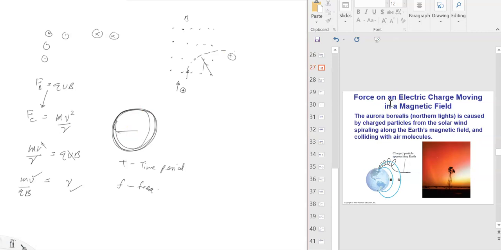Northern lights or southern lights, Aurora Borealis or Aurora Australis, the other one, is caused by charged particles from the solar wind spiraling along the Earth's magnetic field and colliding with air molecules. So this is one interesting natural phenomenon.